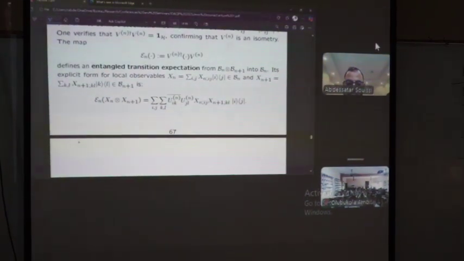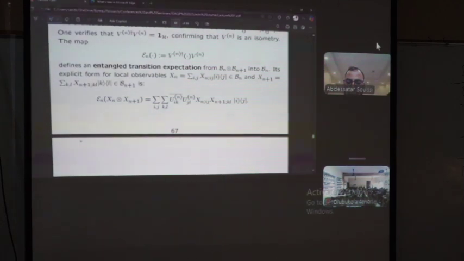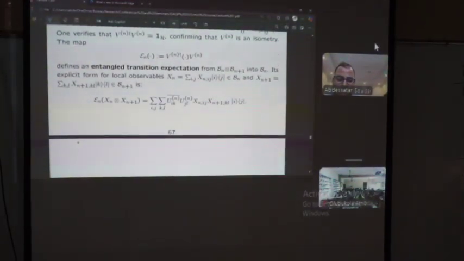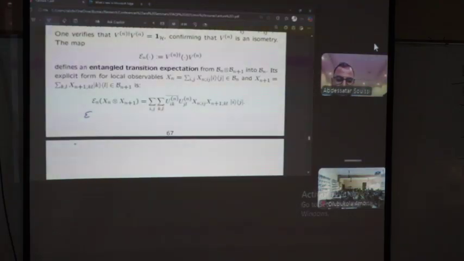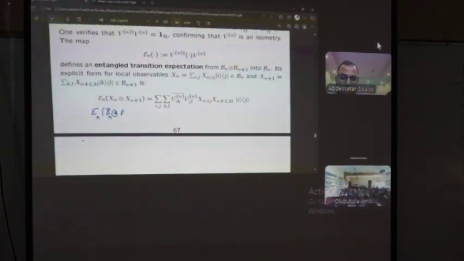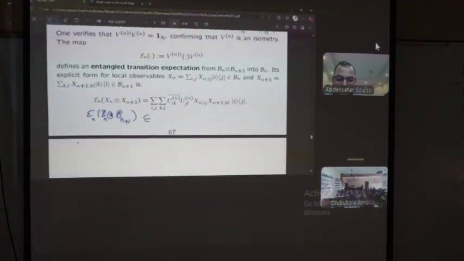And it's clear that it maps Pn plus 1 into Pn, so Pn plus 1 is included in Pn.